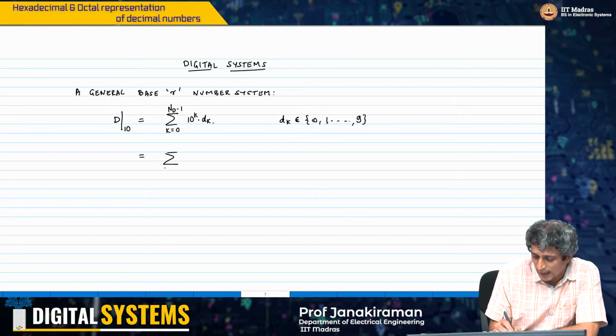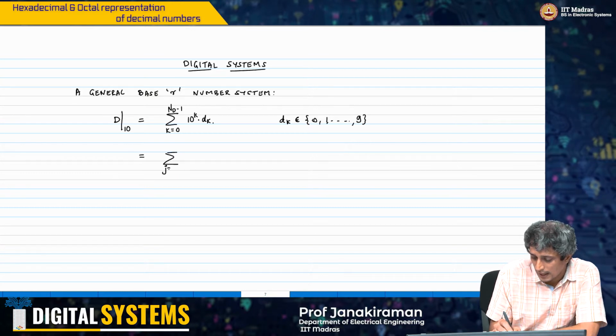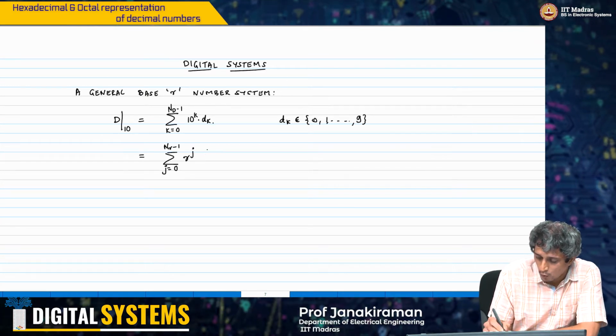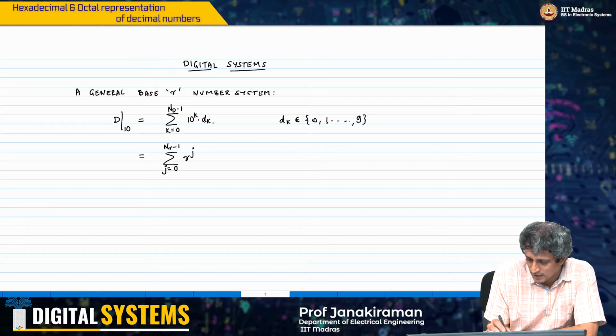Now on the other hand, the same decimal number in base 10 can be represented in base r as the summation over j equal to 0 to nr minus 1 of r power j into aj, because this is base r.